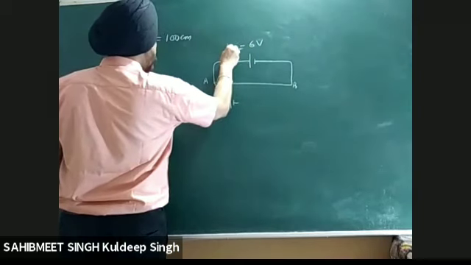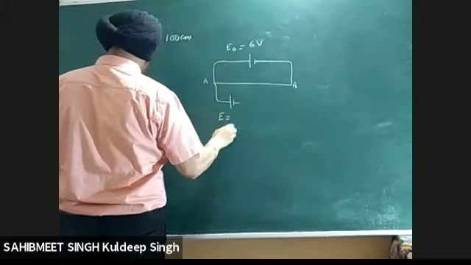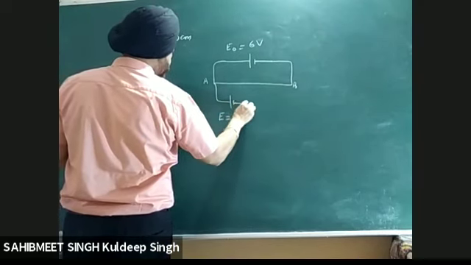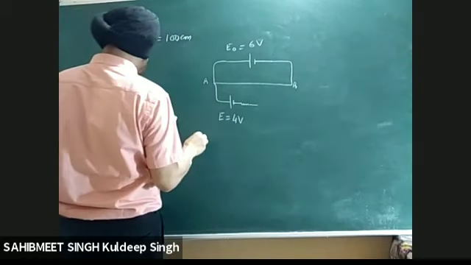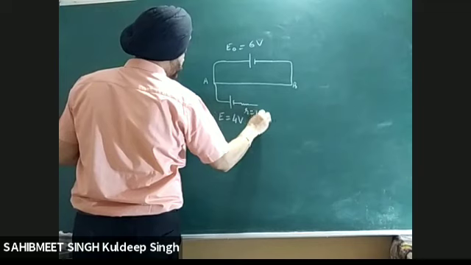This is E naught. Here it is E equal to 4 volt, but it has some internal resistance R equal to 1 ohm.